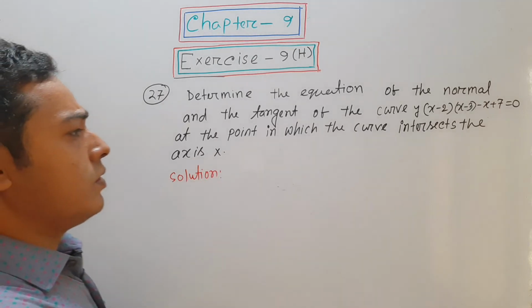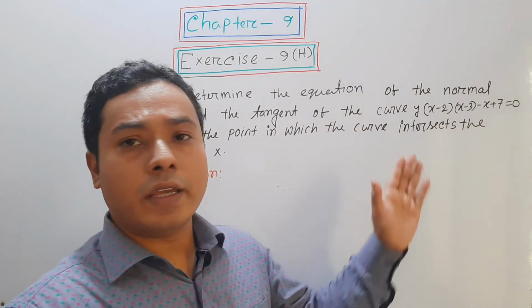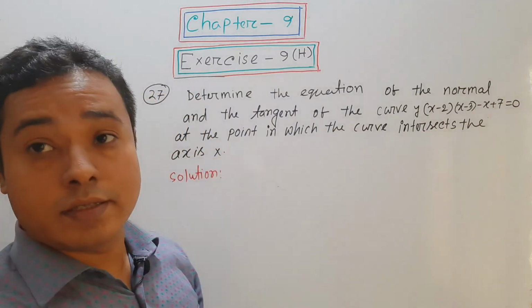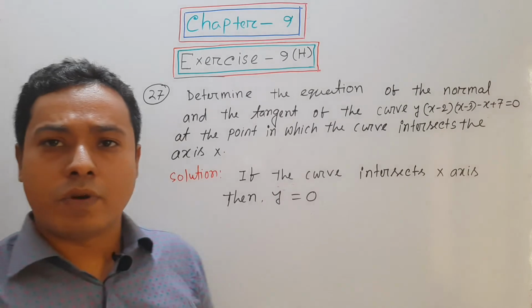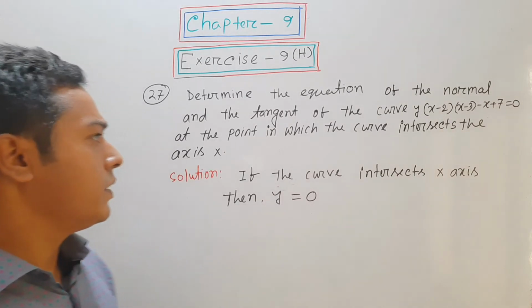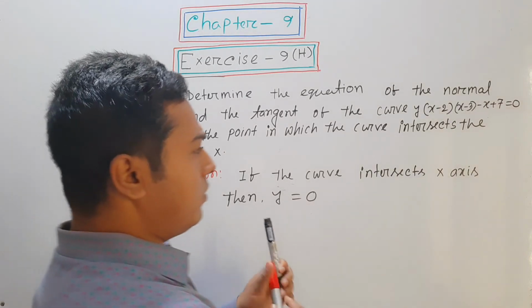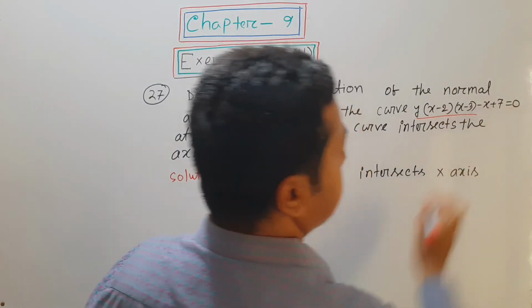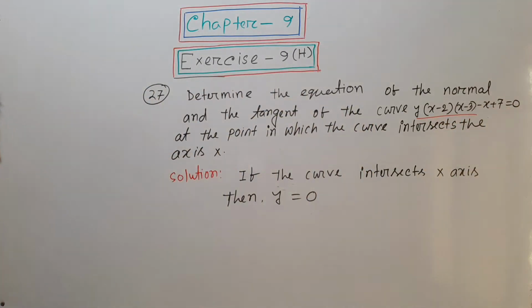At first, we want to find the intersecting point where the curve intersects x-axis. Coordinate of this point is equal to 0. So if y is 0 and this portion is 0, so minus x plus 7 is equal to 0.